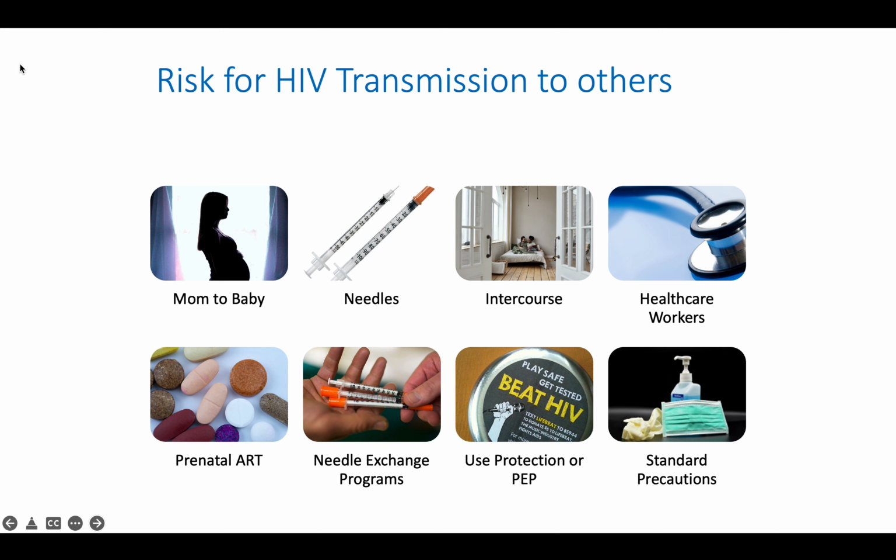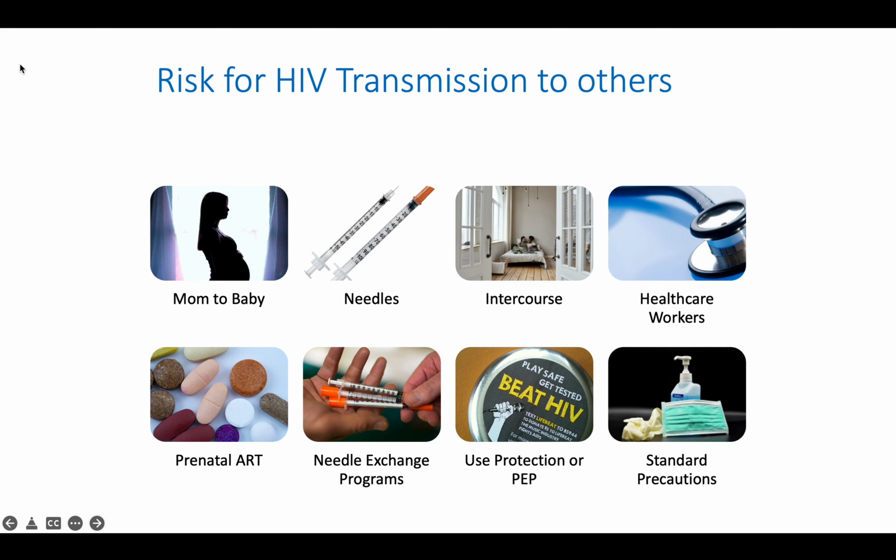But it must be taken faithfully, and there is a screening process that a patient will need to have to make sure that medication is still effective. It also has to be utilized in a monogamous relationship. And so there's a very strict process that the FDA and the healthcare providers follow for this pre-exposure prophylaxis for patients.